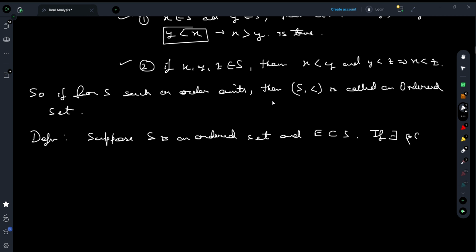Now, if there exists some beta in S such that small s is less than or equal to beta, less than or equal to being this relation.